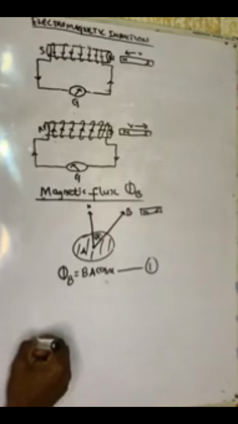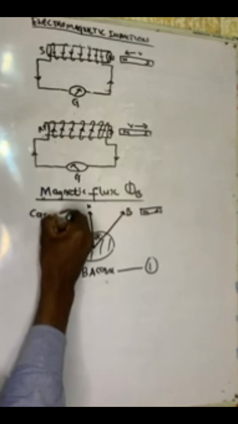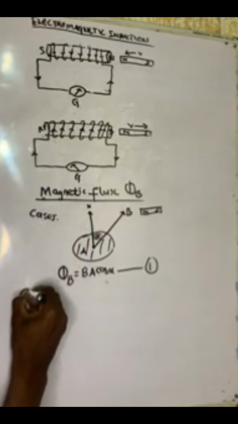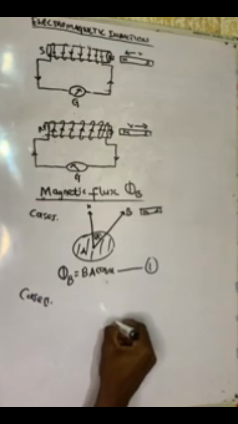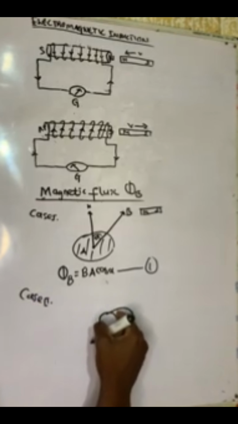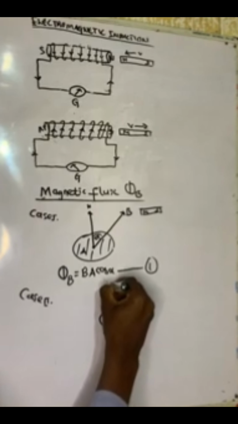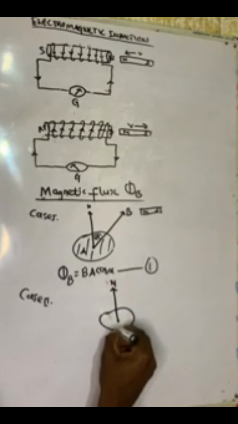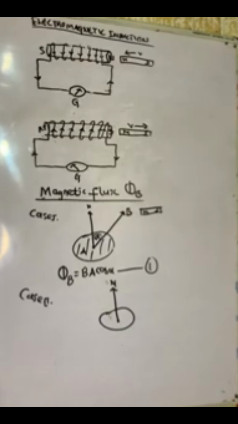Now this will be our first case. I'll call it case 1. Let's consider our second case, case 2. In case 2, we still have our circular conductor with a normal. But this time around, we have placed the bar magnet such that the magnetic field that it is producing is perpendicular to the normal of the conductor.